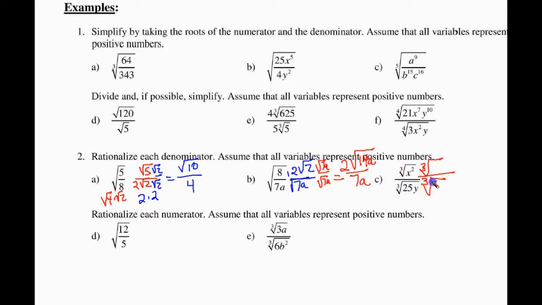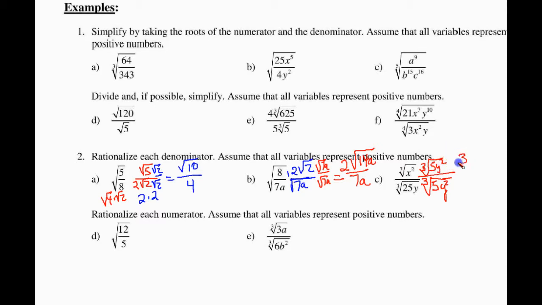If we multiply it by another 5, that makes it 125, which is a perfect cube. And we have y to the first, so if we multiply it by y to the second, that will give us a perfect cube for our denominator. But remember, we have to multiply this by 1, so we have to multiply the top by 5y squared.